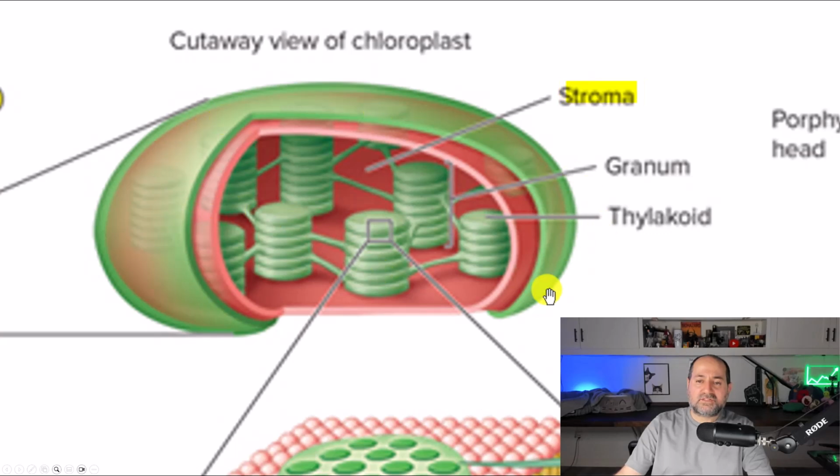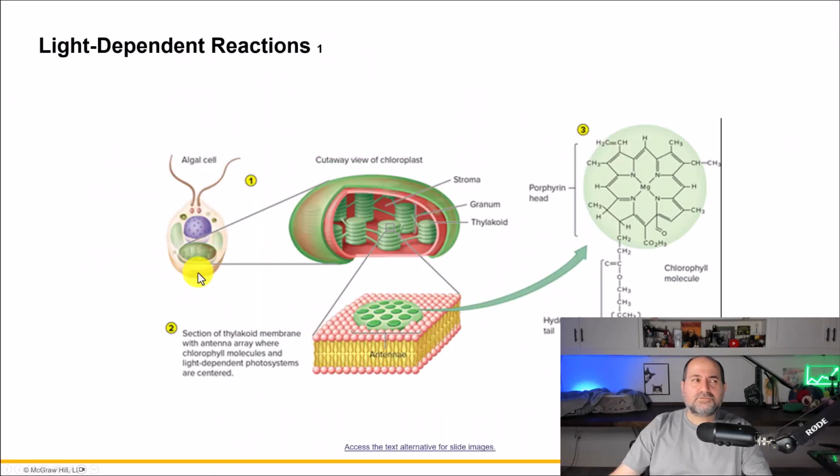So if this is a chloroplast, the pancake stacks are where the light reactions occur, and the stroma, the fluid outside, is where the Calvin cycle occurs. So that's what I really want you to know about photosynthesis for a microbiology course. I want you to know that photosynthesis occurs in the chloroplasts of eukaryotes, including algae.